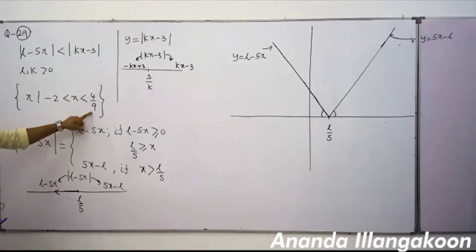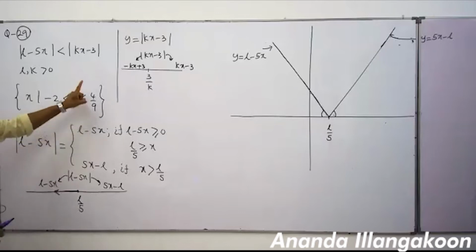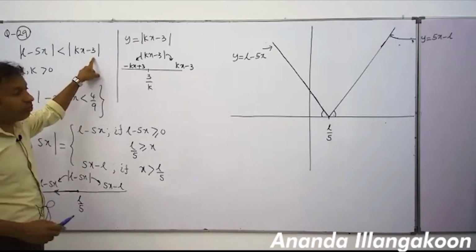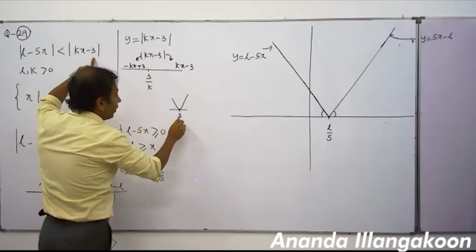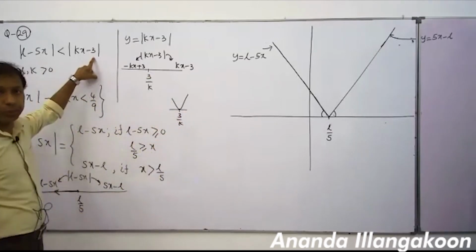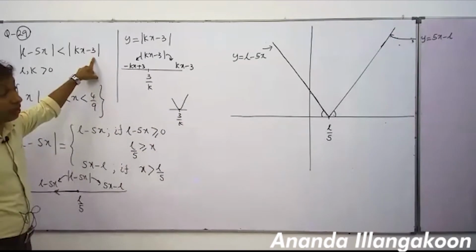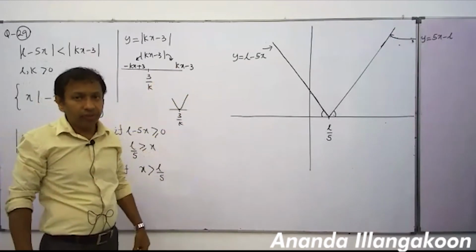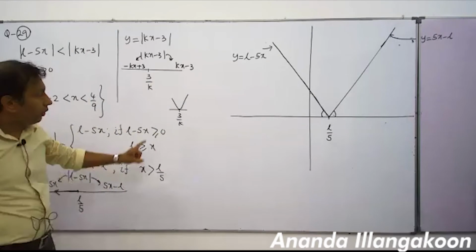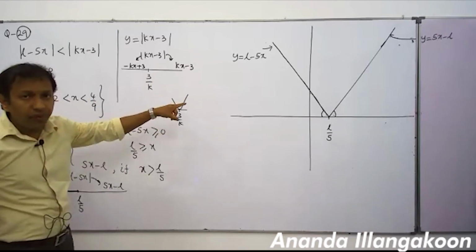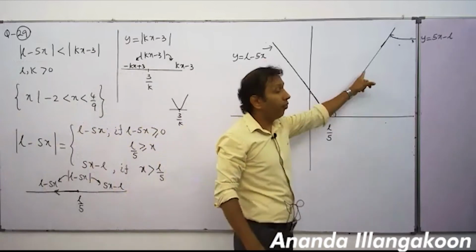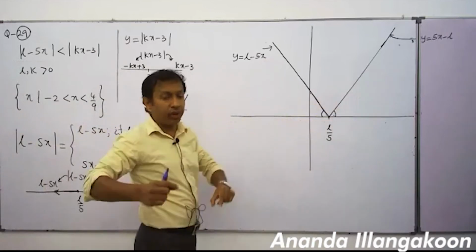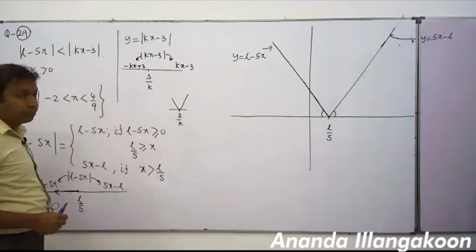the next graph we are going to draw in between -2 and 4/9. This is also a V-shaped graph, no, people? This kind of graph. The turning point is at the 3/k position. When we draw that graph on the same axes, it will lie above this graph in between -2 and 4/9.